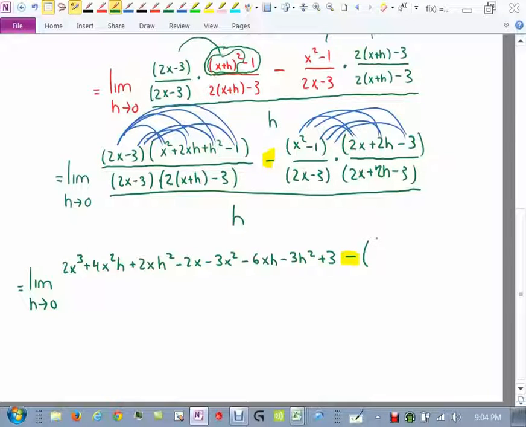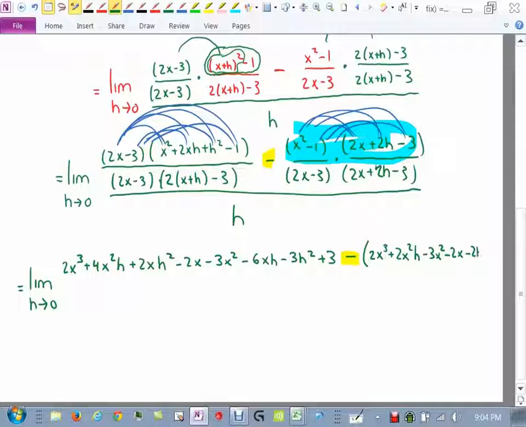That would give me 2x cubed plus 2x squared h minus 3x squared minus 2x. I'm getting smaller here as I'm running out of room. Minus 2h, and then plus 3. All right.